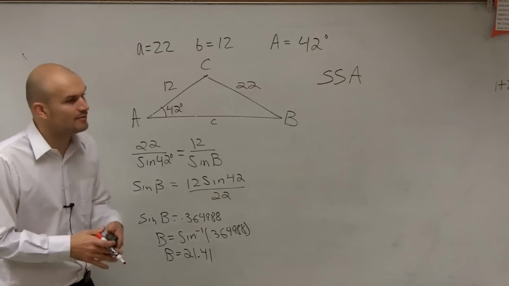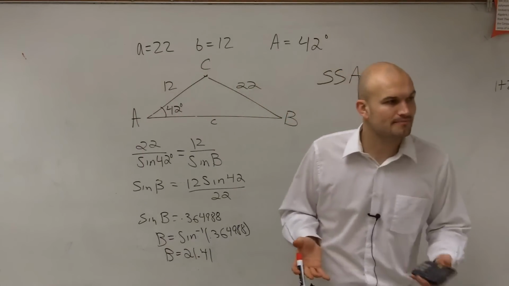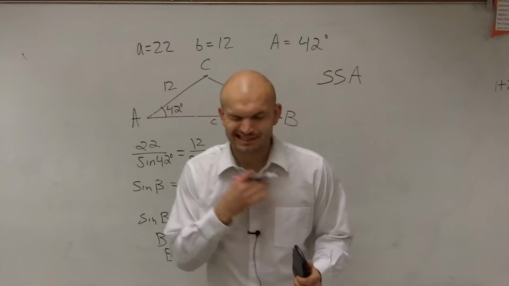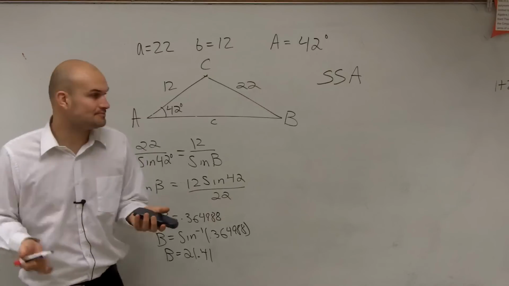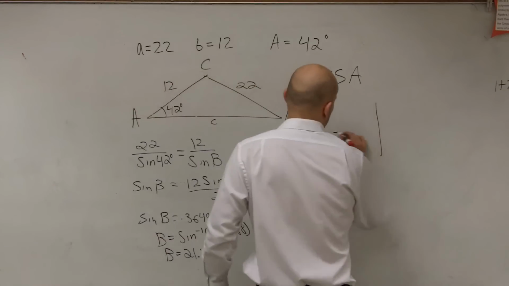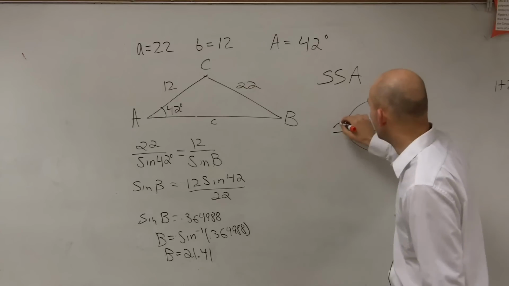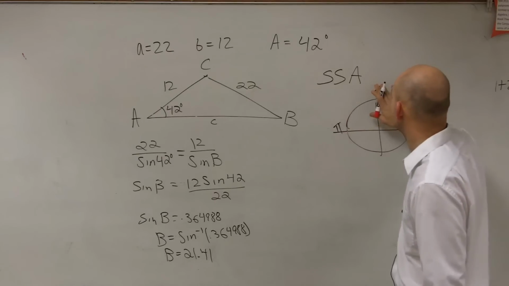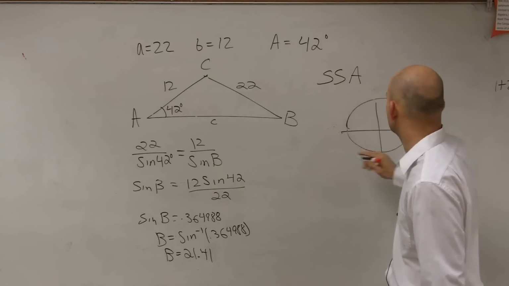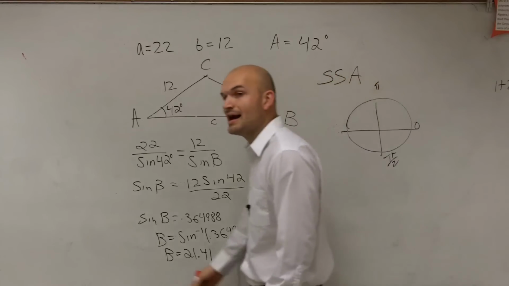But one thing you guys need to remember when you're taking the inverse sine of something: if you remember, the inverse sine is restricted to between negative pi halves and pi halves.